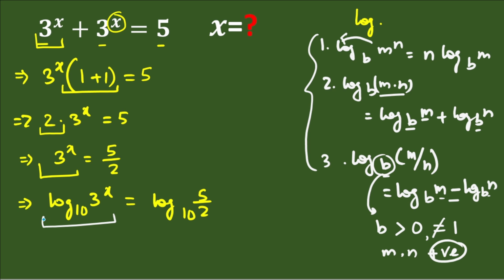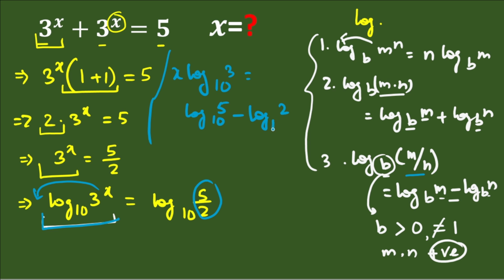Now let us move and solve this problem. Here we'll write x in front, so we'll write x log 3 base 10, and on the right hand side we'll subtract, since we subtract for the division value. So we'll write log 5 base 10 minus log 2 base 10.